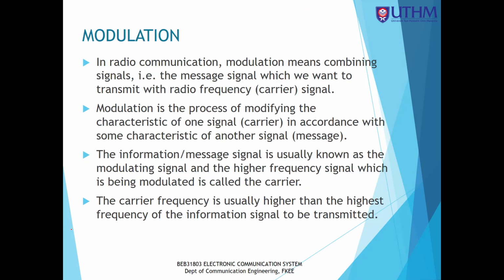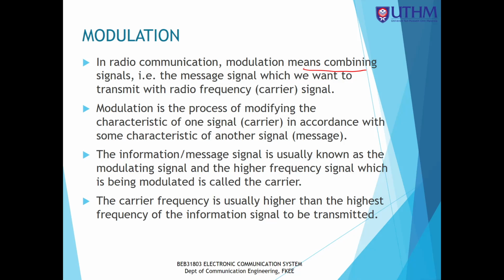So modulation, in radio communication, modulation means combining. Modulation, of course, is combining, but it is not just combining. Combining is another process. Modulation also involves combining, but it will change the characteristic of the carrier.